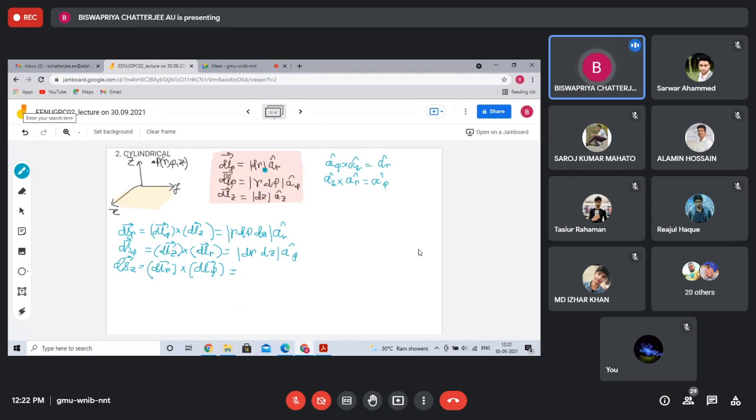So magnitude is r dr d phi, and the direction is ar cap cross a phi cap, that will be equal to az cap.